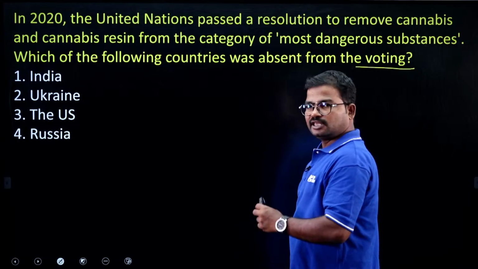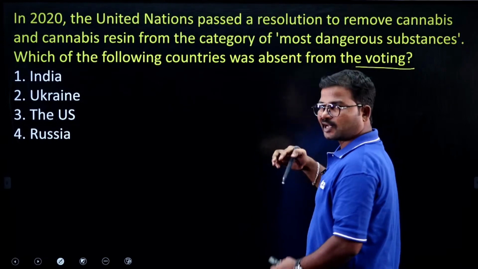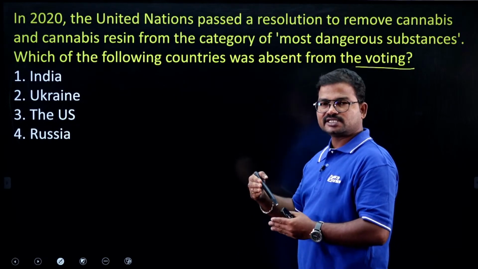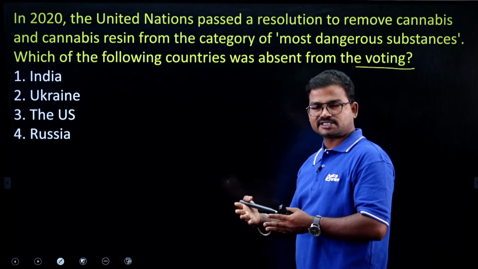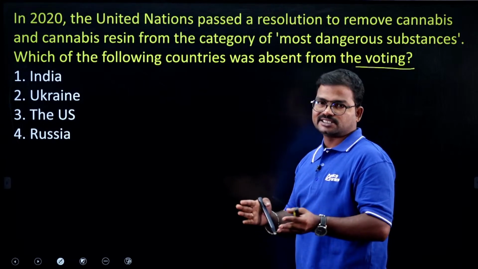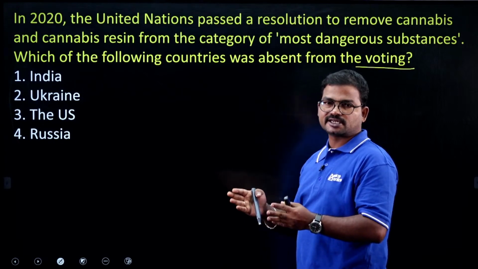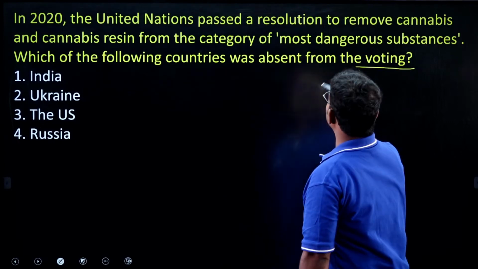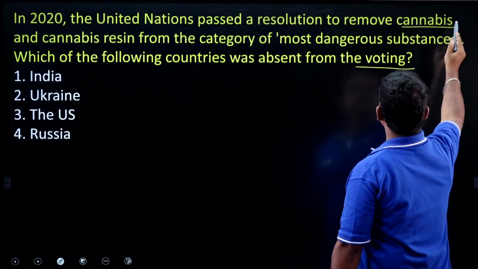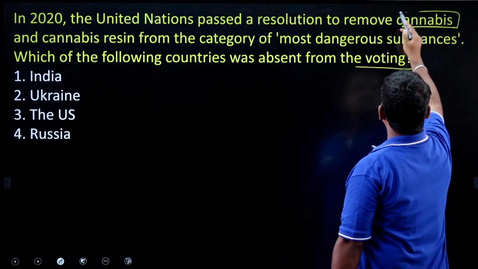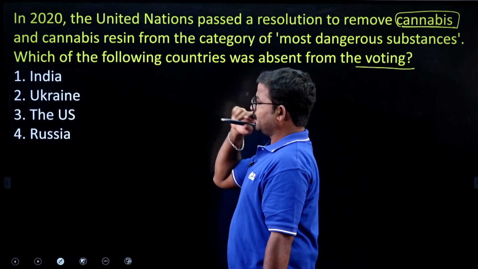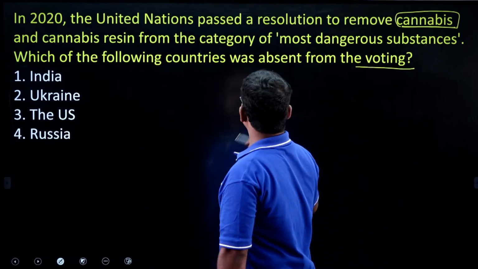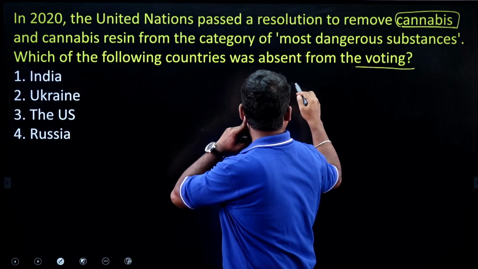Here they mentioned a cocaine-related drug, which is also used as an anesthetic. The chemical constituent is cannabis and cannabis resin. So which country did not attend the voting?